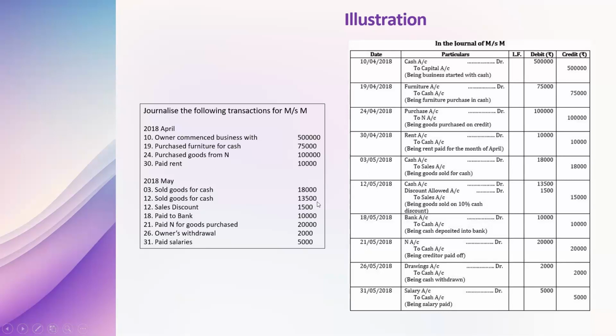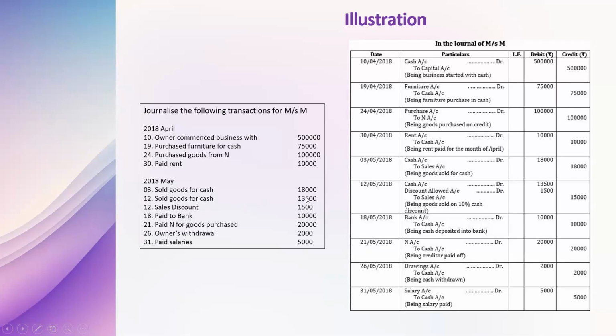Here is the point. You can see on the same date, 12th of April 2018, sold goods for cash 13,500, and we have given a sales discount of 1,500.